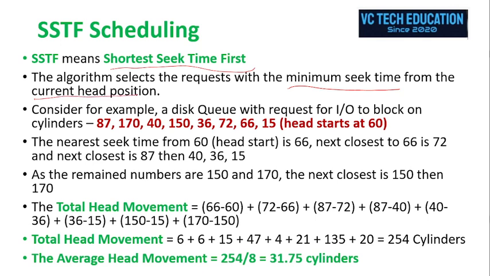Consider for example a disk queue with input output block requests on the cylinders 87, 170, 40, 150, 72 and 15, starting at 60. Here the head starts at position 60, and it will go to the shortest.